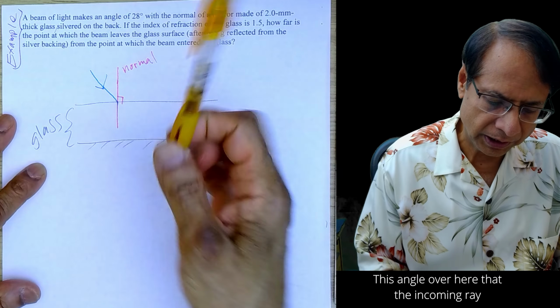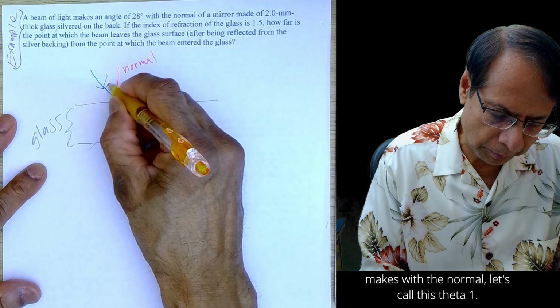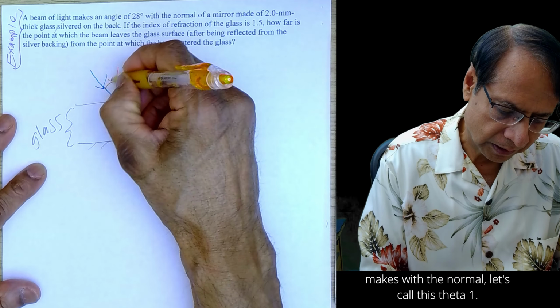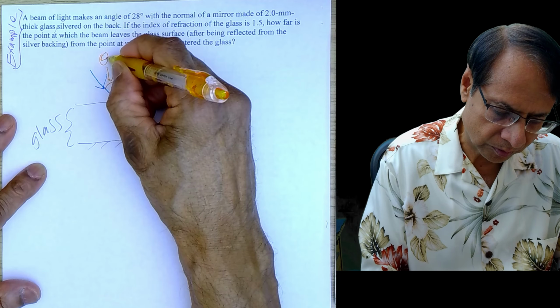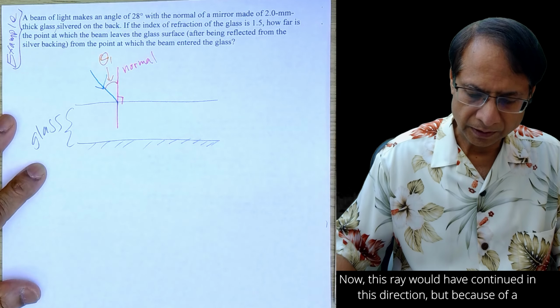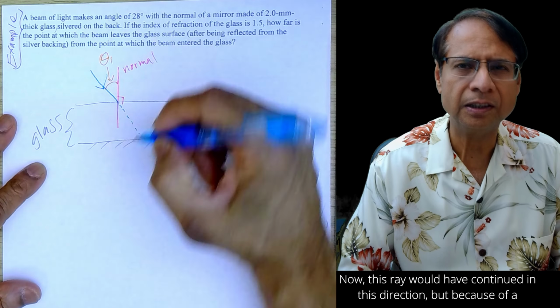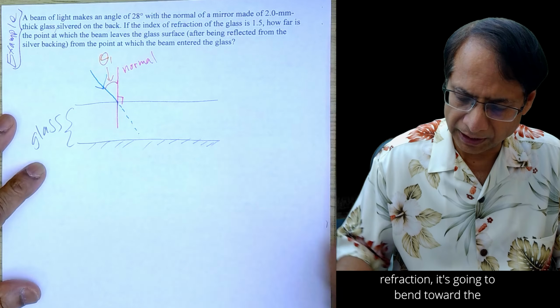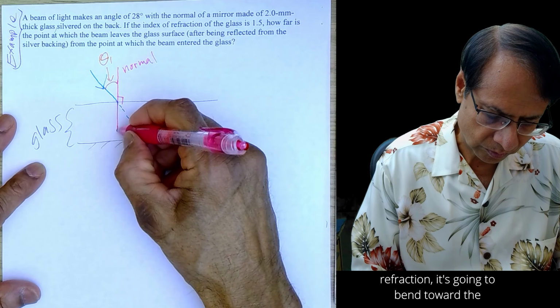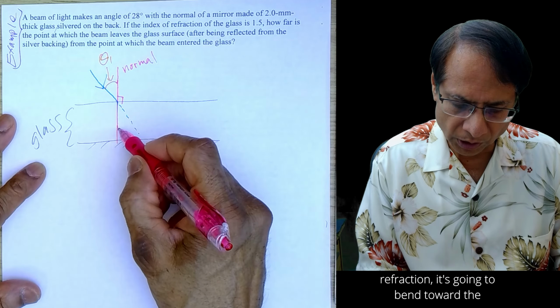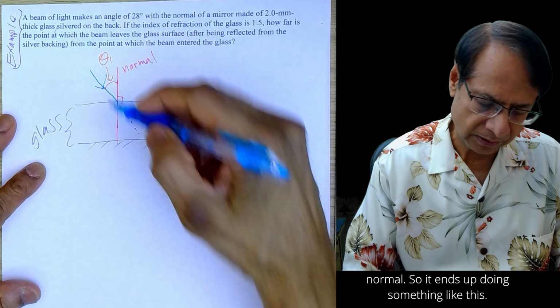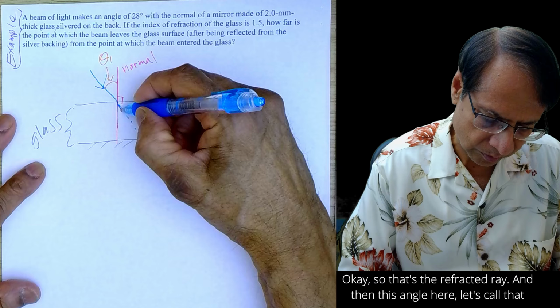This angle over here that the incoming ray makes with the normal, let's call this theta 1. Now, this ray would have continued in this direction, but because of refraction, it's going to bend toward the normal. So it ends up doing something like this.